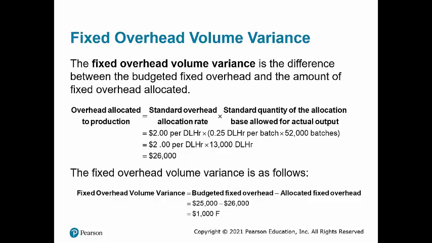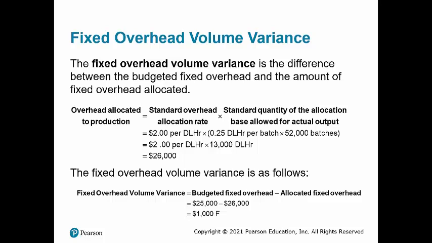The $1,000 fixed overhead volume variance is favorable because Cheerful Colors produced more batches than budgeted and therefore allocated more overhead to crayon batches than the $25,000 budgeted fixed overhead amount. In other words, based on the standard for fixed overhead, Cheerful Colors has overallocated fixed overhead by $1,000.